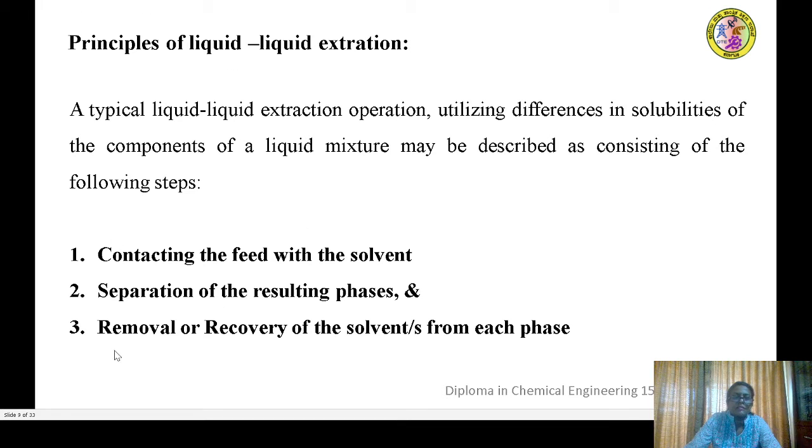So this is the reason why liquid extraction is the secondary choice. Liquid extraction is a three-step operation, so it is a bit complicated compared to the single-step operation of distillation. For that reason, we usually consider extraction as the secondary choice and distillation as the primary choice.